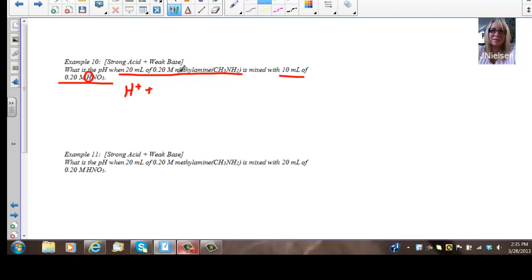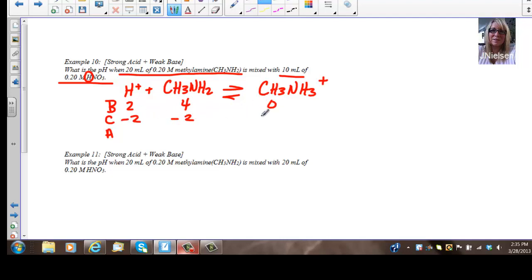So H plus my weak base, CH3NH2, is going to yield CH3NH3 plus. Let's look at what we have. Before, we've got 20 times 0.2 of the methylamine, which is going to give me 4, and I've got 10 times 0.2, which is 2 of the acid, and this is 0. Minus 2, minus 2, plus 2, 0, 2, and 2.